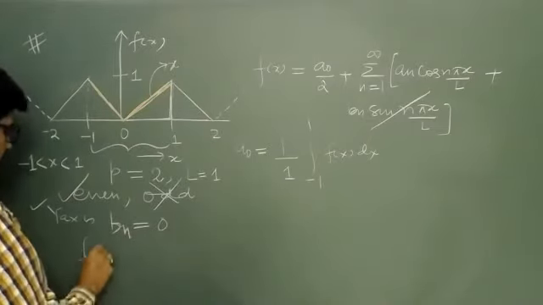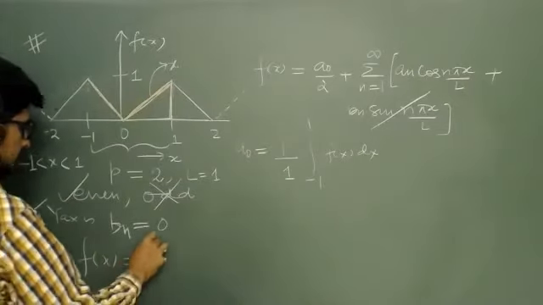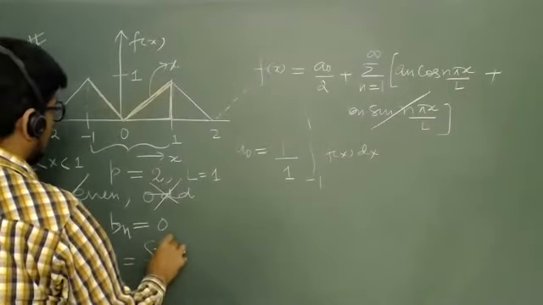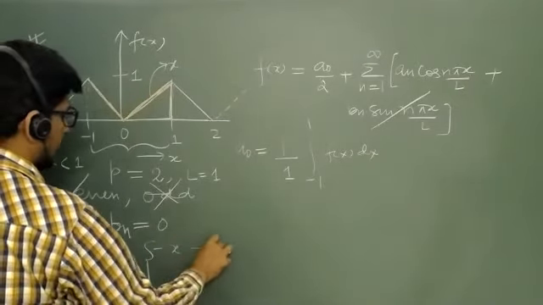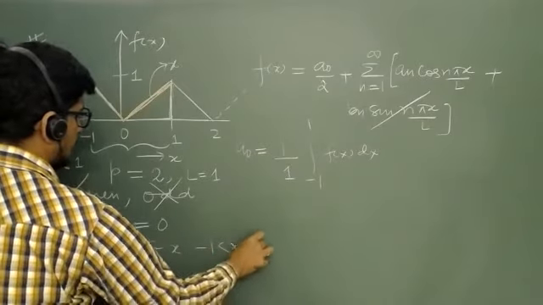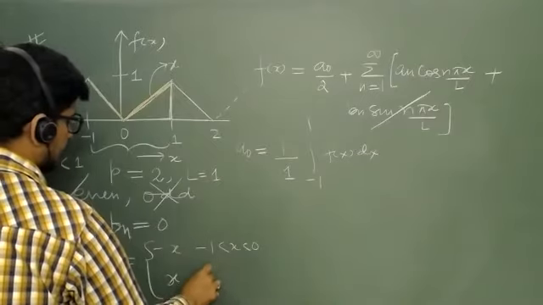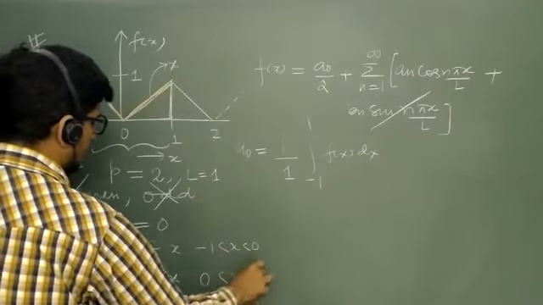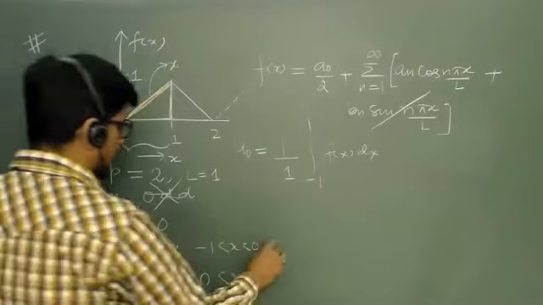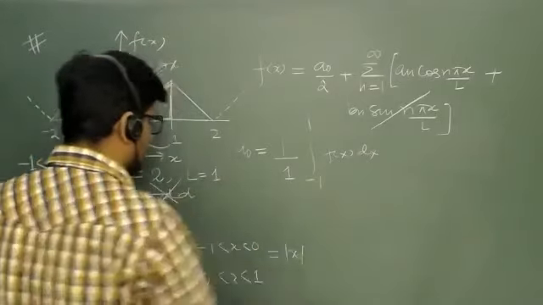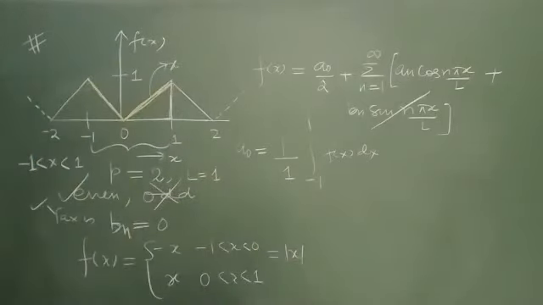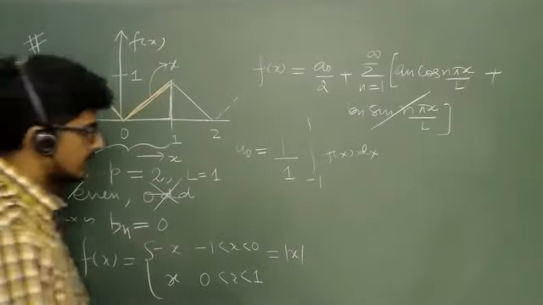So if you write the function, it is minus of slope between -1 and 0, and plus between 0 and 1. So in a way, I can write this function is mod of x. Can I write it mod of x? Yes, sir. Can I write the function as mod of x? Right?